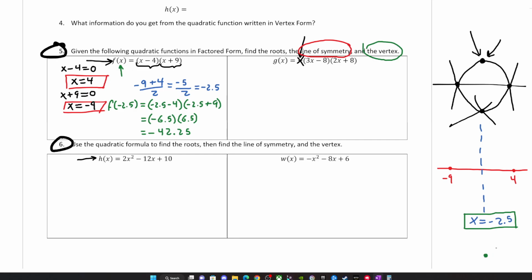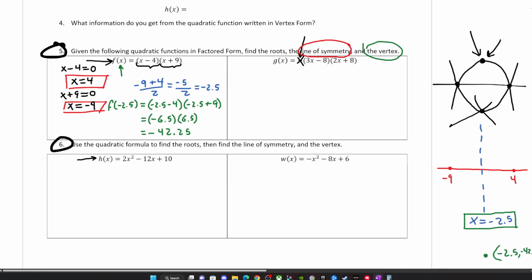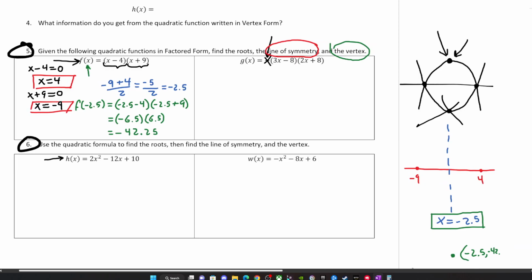So the coordinate point of my vertex is at -2.5, comma, -42.25. This is the coordinate point of my vertex. And that's it.